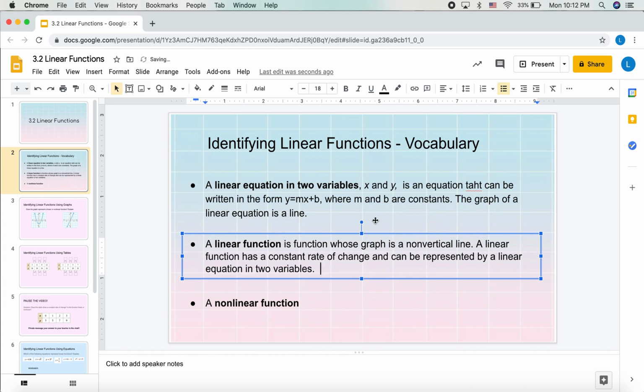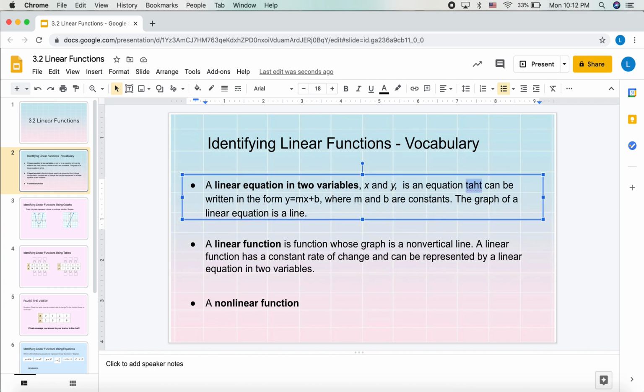So just to review, a linear equation in 2 variables is an equation that can be written in the form y equals mx plus b, where b and m are constants, meaning their value will not change. And the graph of a linear equation is a line. Now, a linear function is a function whose graph is a non-vertical line.